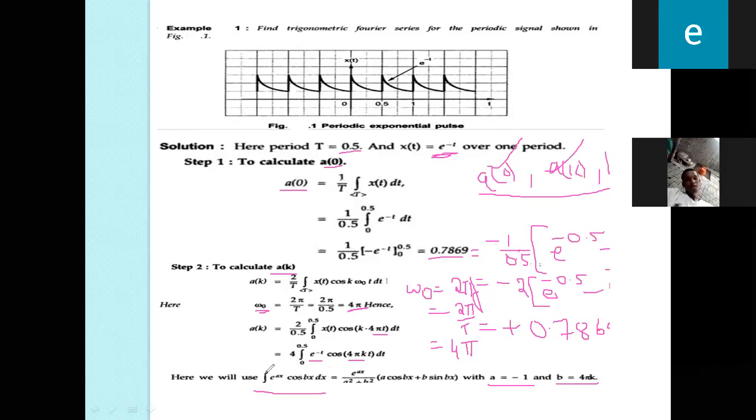Once again you can see the integral e power ax cos bx dx is equal to e power ax by a square plus b square, whole multiplied with a cos bx plus b sin bx. Substitute the values of a as -1 and b as 4 pi k in this equation to get the A of k value. Let us see.